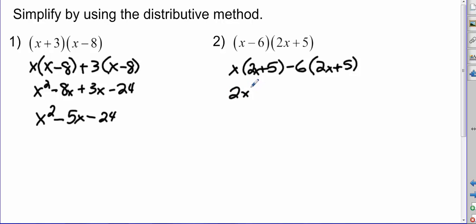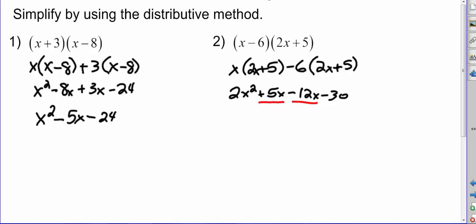On this one, we're going to have 2x squared plus 5x. And then on this side over here, we're going to get a negative 12x and a negative 30. We're not done. We need to combine like terms again. Let's slow down just a little bit on this one and do a little bit of underlining here. So we've got a like term and a like term.